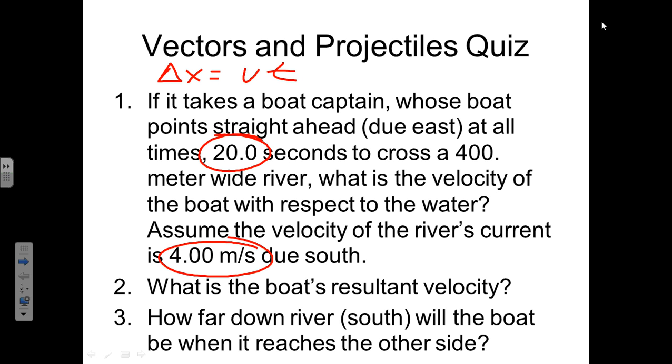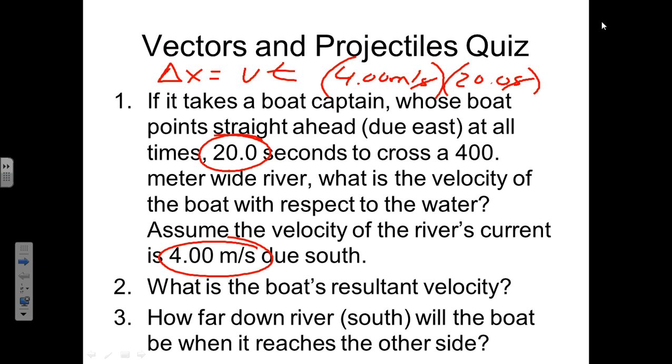So we're going to say the only velocity that matters down the river is the velocity of the river. So v is 4 meters per second. And the time across the river is the same amount of time it goes down the river, that's 20 seconds. Seconds cancel out.